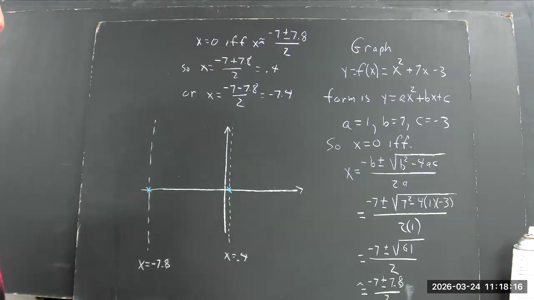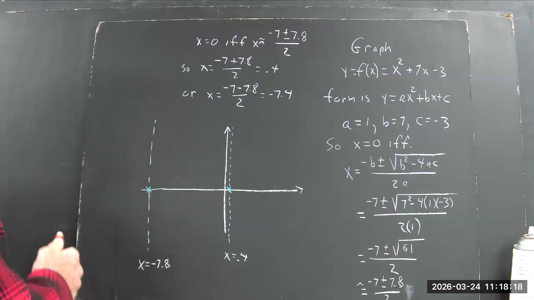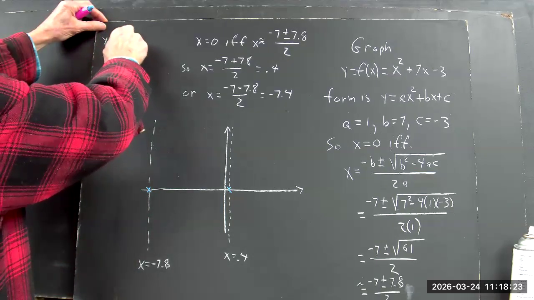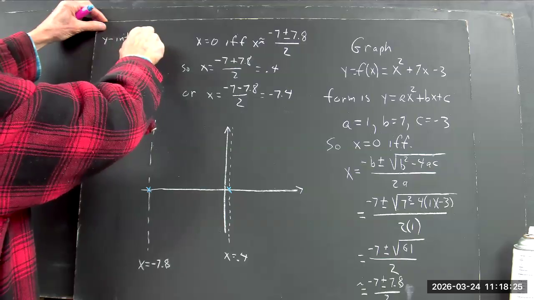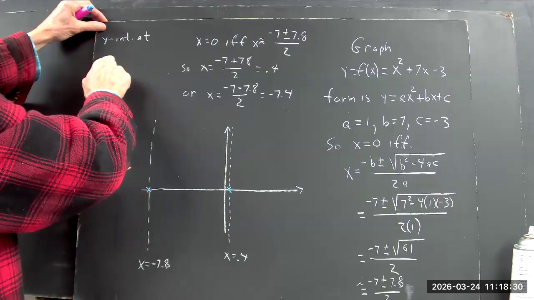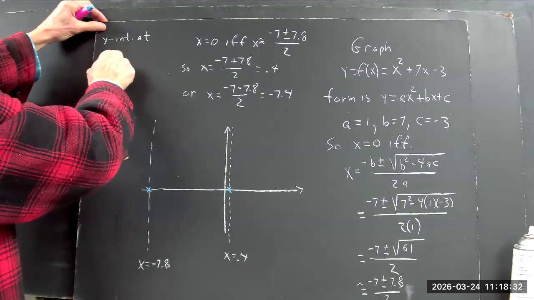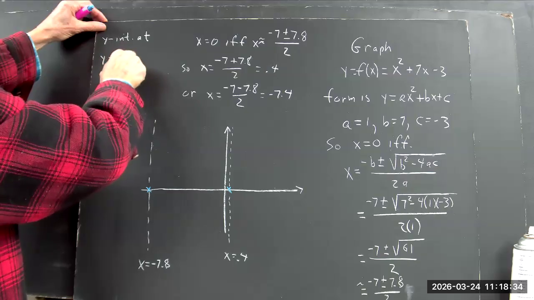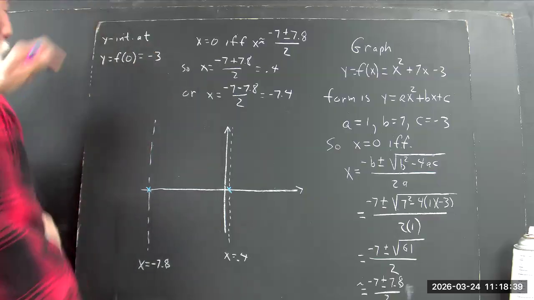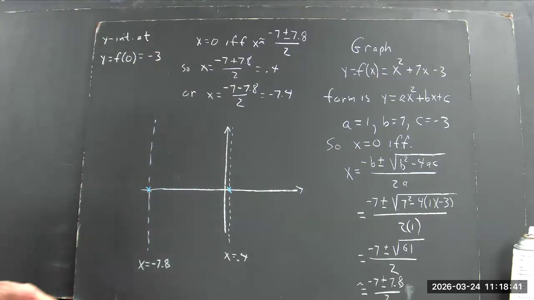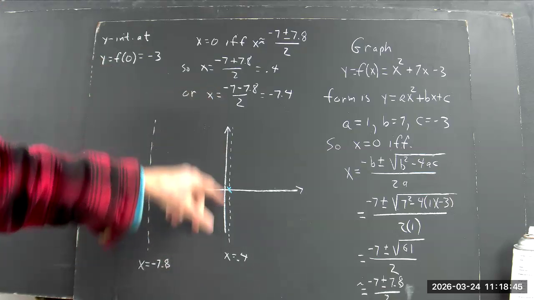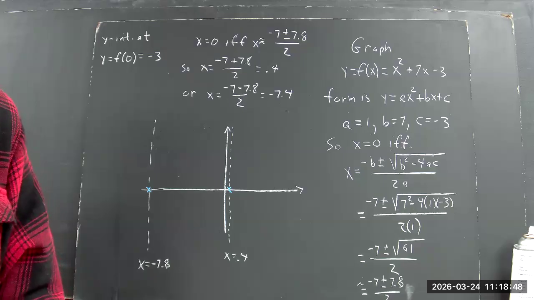Okay, also the y-intercept is at y equals f of 0, which is negative 3. Why did I use x equals 0? Because the y-axis is where x equals 0.